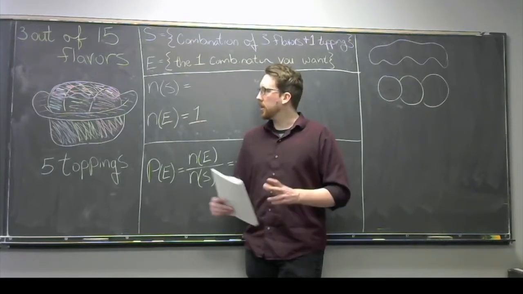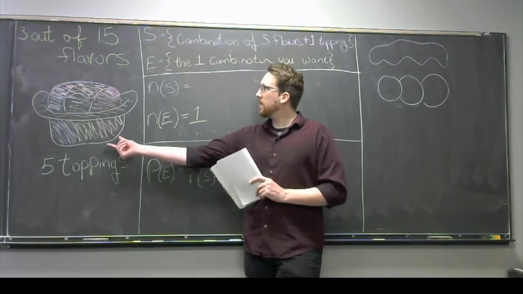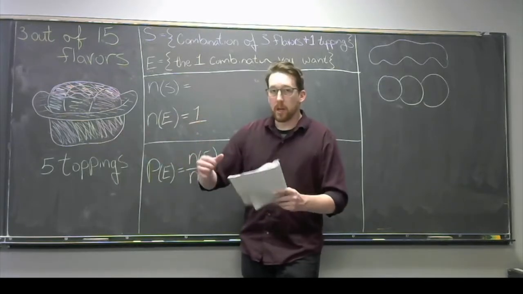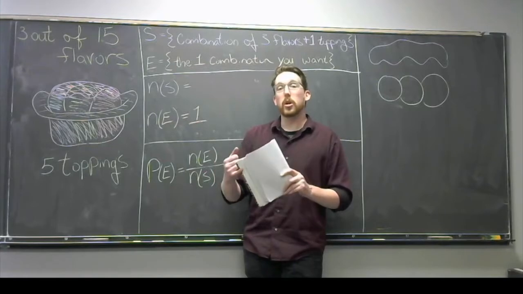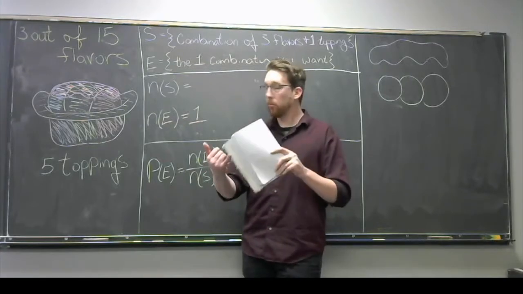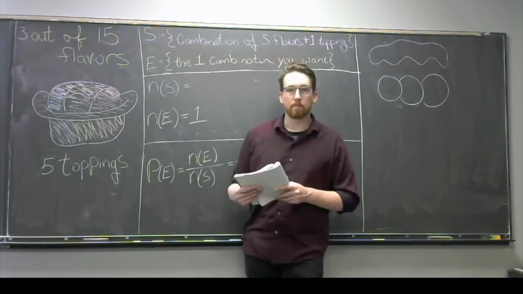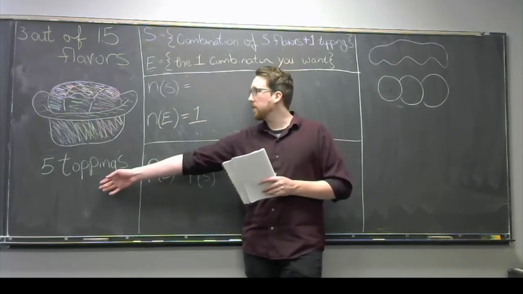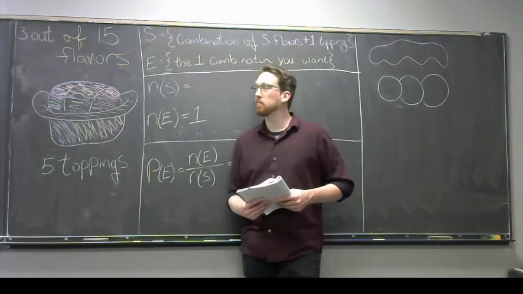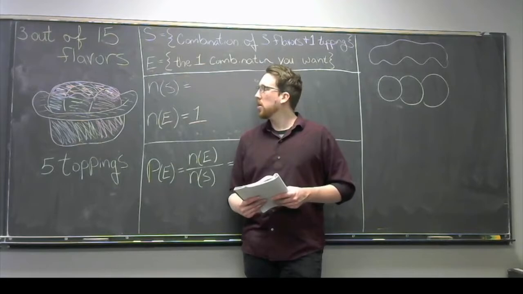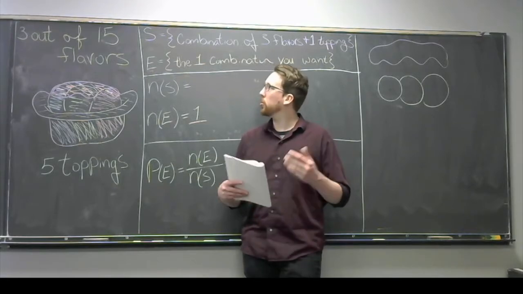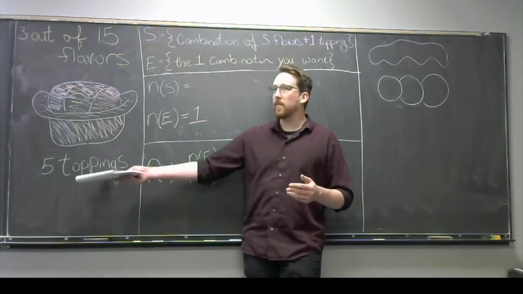So at the sundae shop, any given sundae that we can order has a choice of 3 out of 15 flavors. And we have a choice of 5 different toppings. So we can choose 3 out of 15 flavors and 5 different toppings.